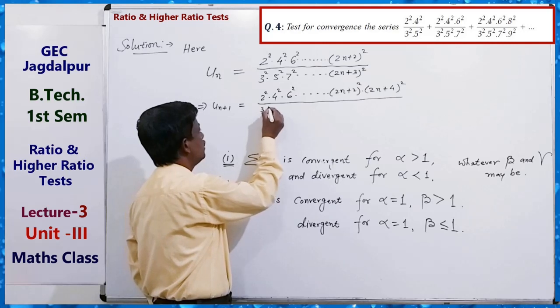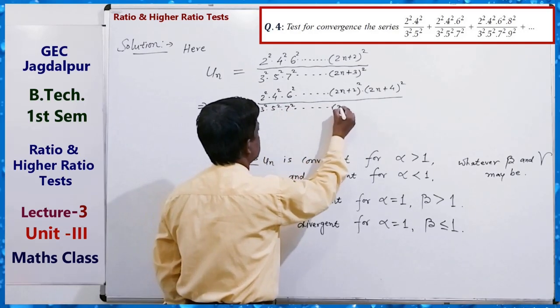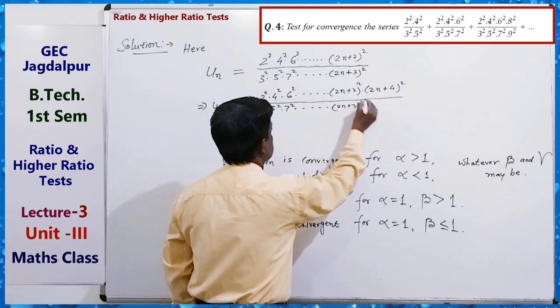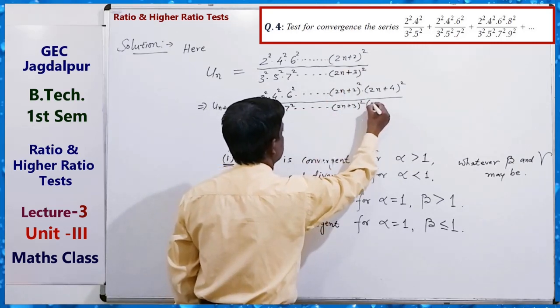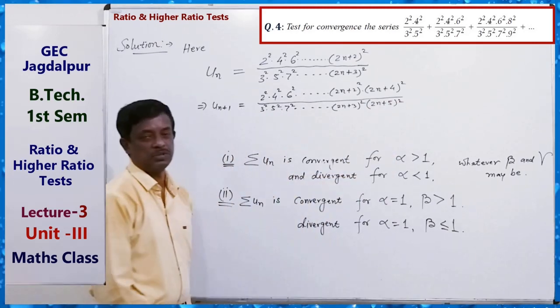Here 3 square, 5 square, 7 square and so on: 2n plus 3 square into 2n plus 5 square. So this is un plus 1.